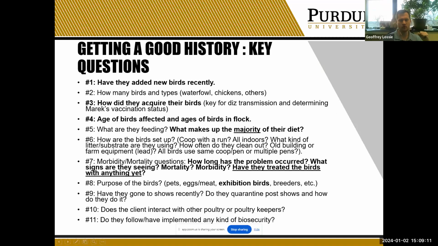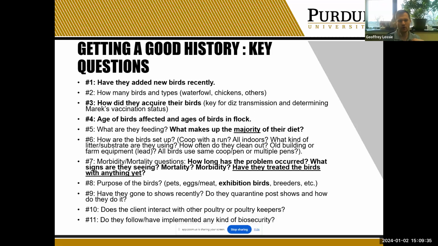So we talked about what's normal, or we're kind of getting into that concept. If you're trying to help a friend diagnose a disease problem, or if you think, hey, I might have a disease issue, this is something that I teach vet students, obviously, as part of getting a good history.